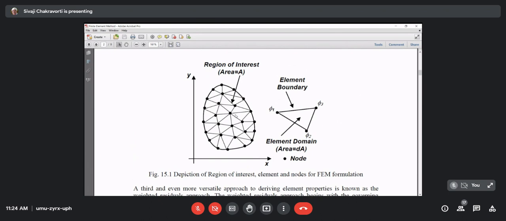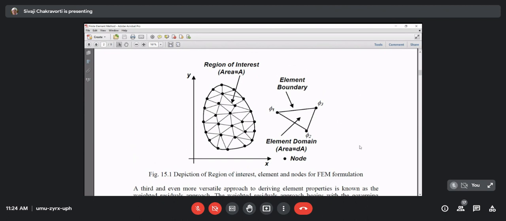Since it is a two-dimensional case, I again repeat what I told you earlier, that two-dimensional means the field is independent of the z-axis. So what we assume is that along the z-axis, I take a unit length 1. And what is the area of this element? dA.